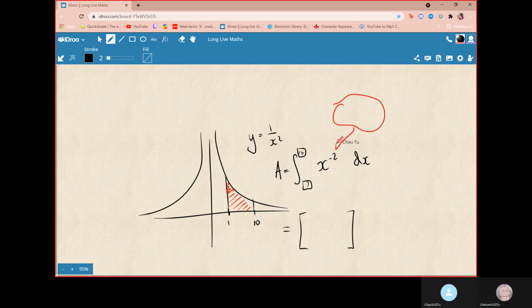Negative 1 times x to the power of negative 1. Like this.